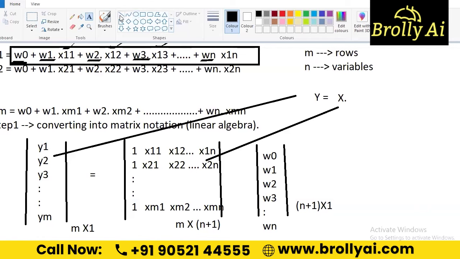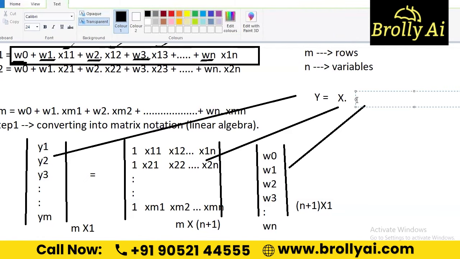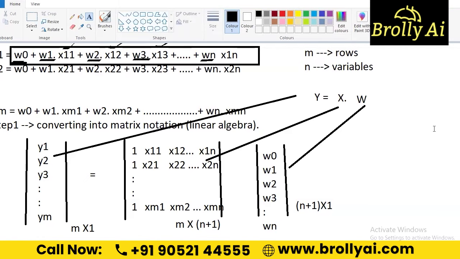And for this entire set of weights, I am applying one more symbol, that is W. Now, what is your final equation? Y equal to X dot W. Got it? Mathematically, we call that predictive equation Y equal to X dot W. This is the reason.